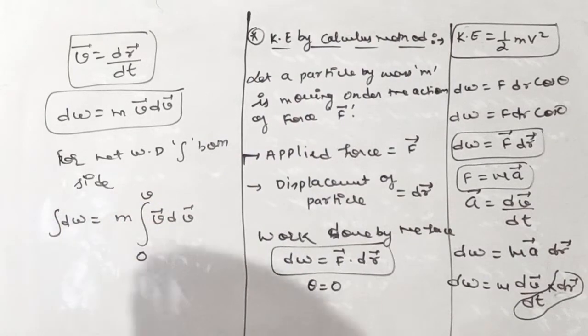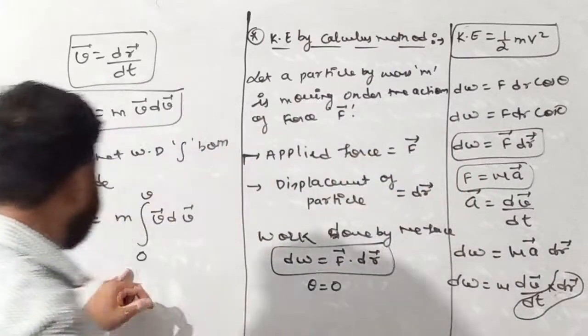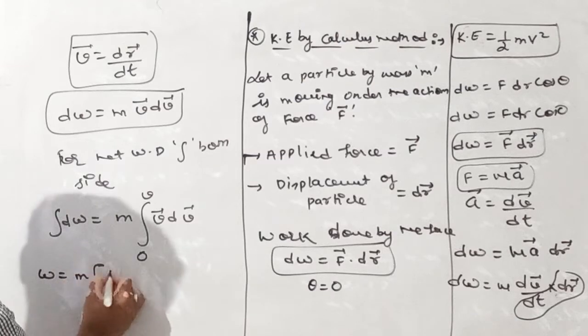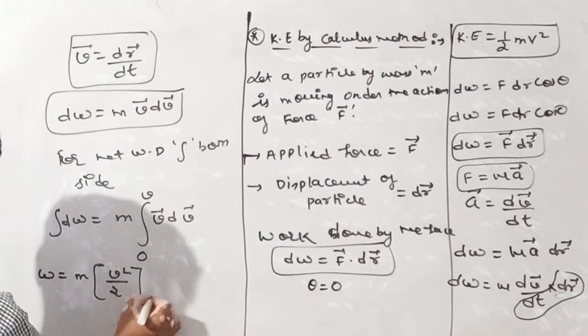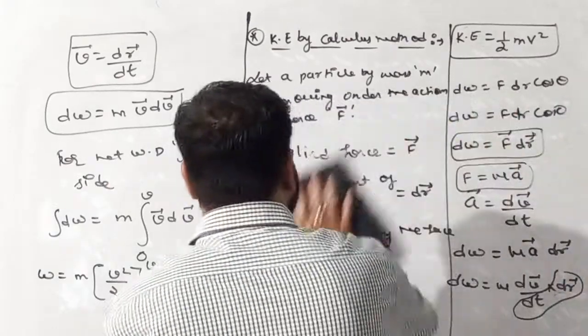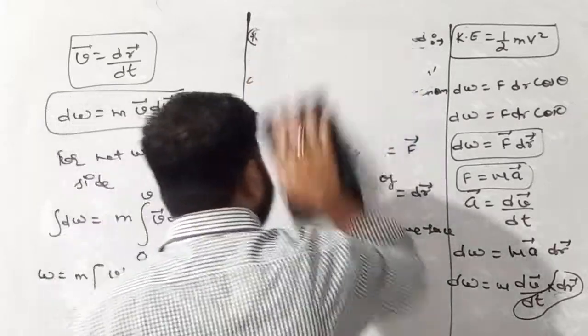After some time, at t equal to t, its velocity becomes v. So the limits are 0 to v. Integration of dW is W, and of m v dv is v square by 2, with limits 0 to v. Now put the limit as upper limit minus lower limit. We are all aware how to put the limit in integration.